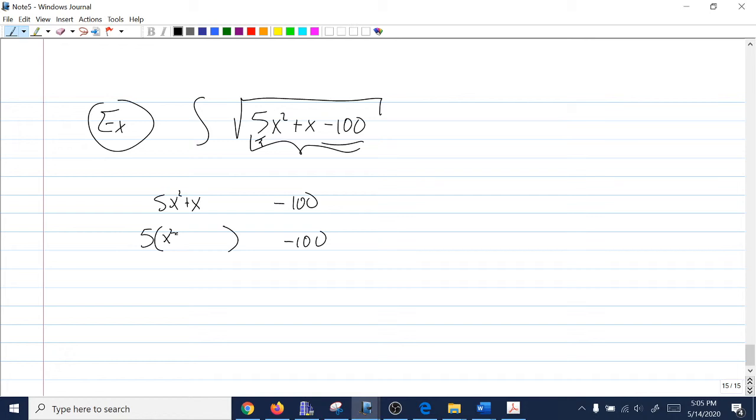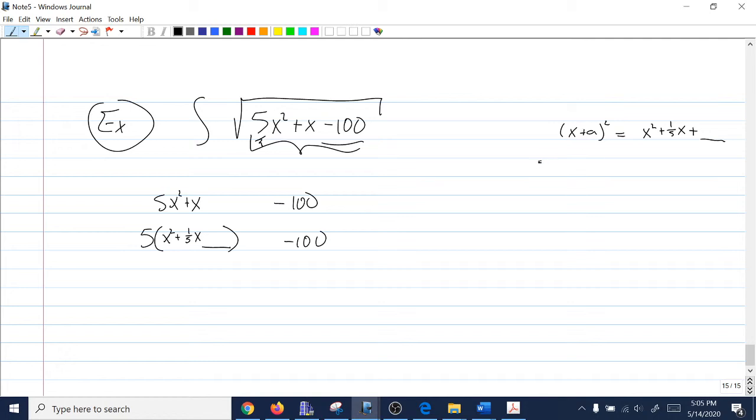What do I get when I factor out that 5? I get x squared plus 1/5 x blank. This is the place where I want to complete the square. If you haven't done completing the square in a while, the idea is you want x plus a squared to be x squared plus 1/5 x plus something.